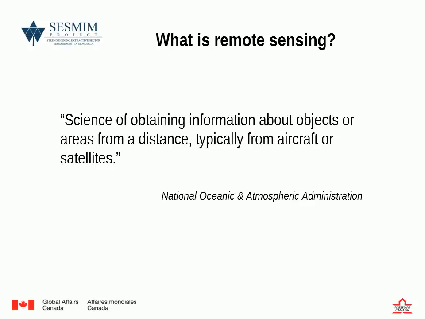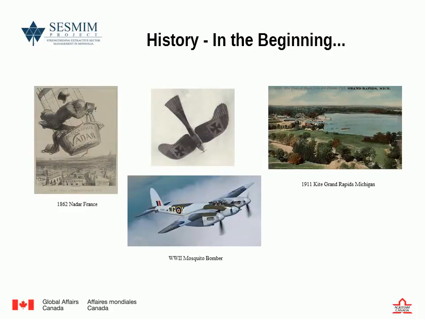So first of all, let's deal with how we remotely sense data. The people that were in the earlier drone course have seen this slide before. In the old days, back in 1862, some gentleman used a hot air balloon to go up in the air and take a picture. That's remote sensing.